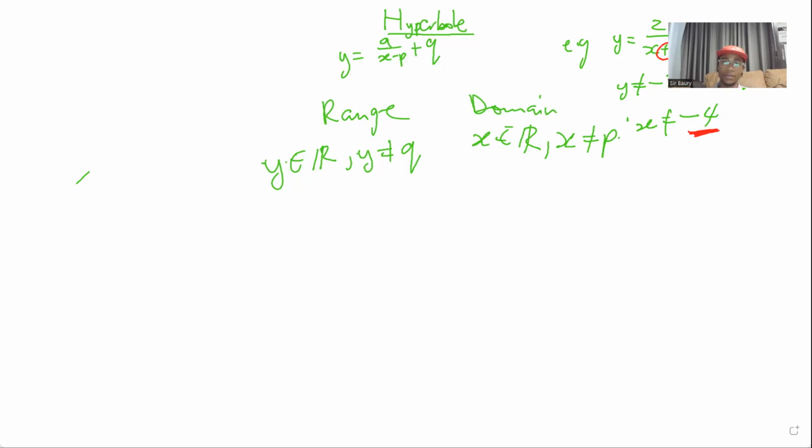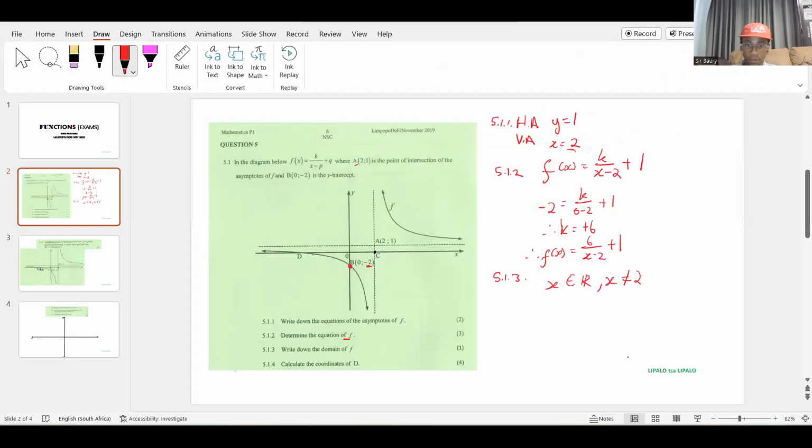Okay, let's get to the last question, the coordinates of D. D is the x-intercept, so I know the value of y is 0. So I have 0 equals 6 over x minus 2 plus 1. Then I have negative 1 equals 6 over x minus 2. This is general algebra.